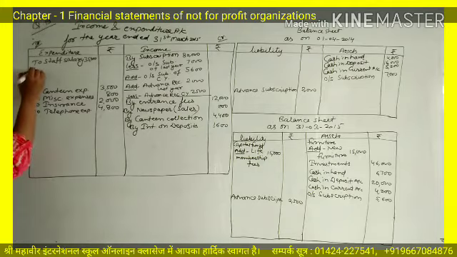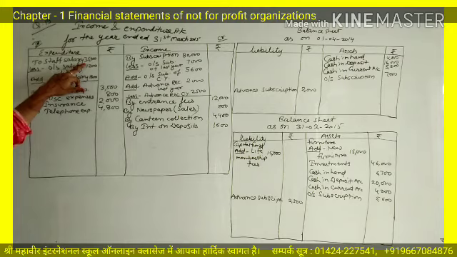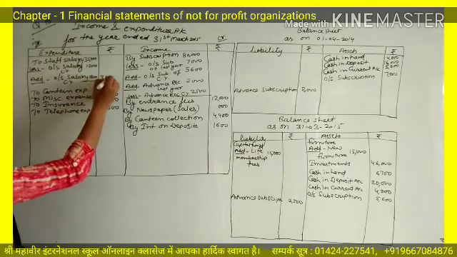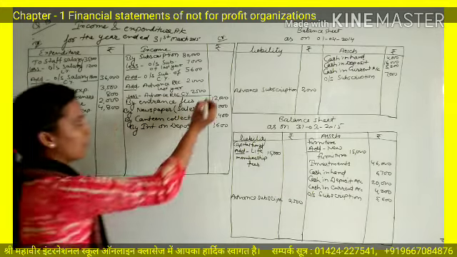So just write the net amount: 35,400 minus 1200 and plus 1800. So you will get the net amount of salary, that is 36,000. In the same way, we should write the net amount of subscription also, that will be 78,100.